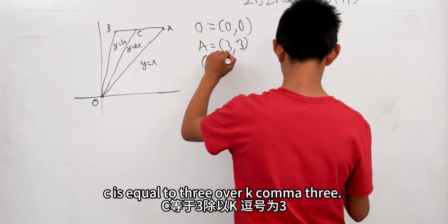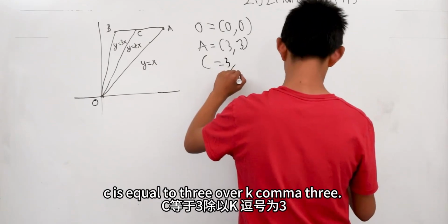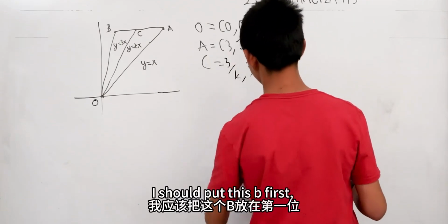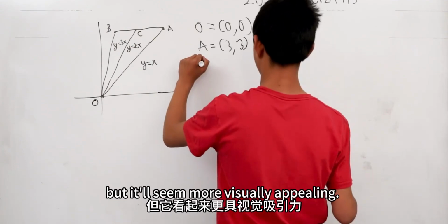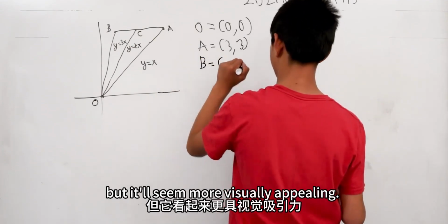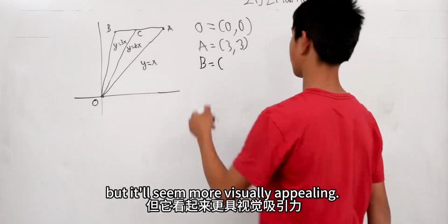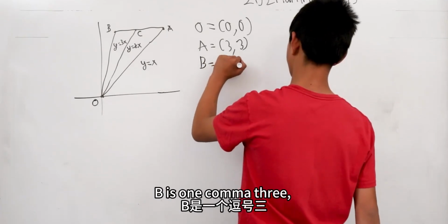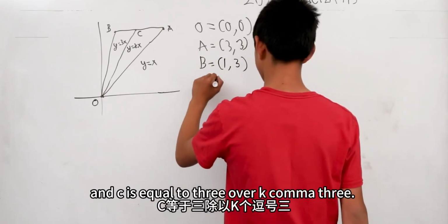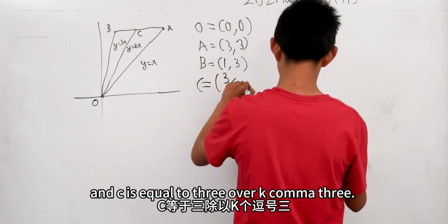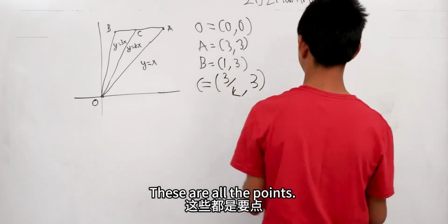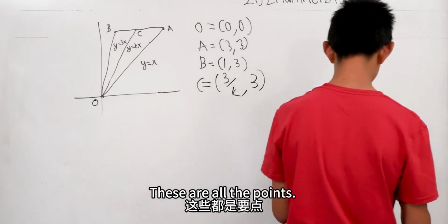B is (1, 3), and C is equal to (3/k, 3). These are all the points.